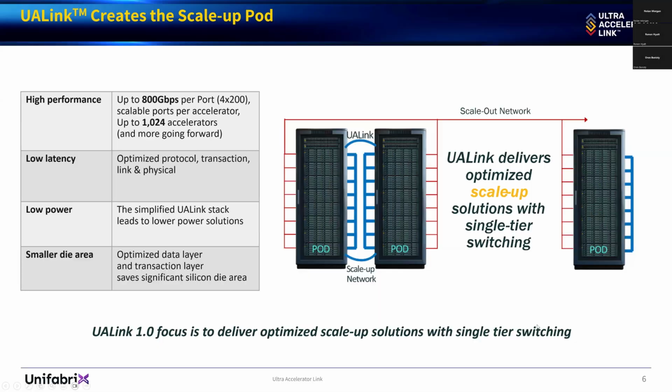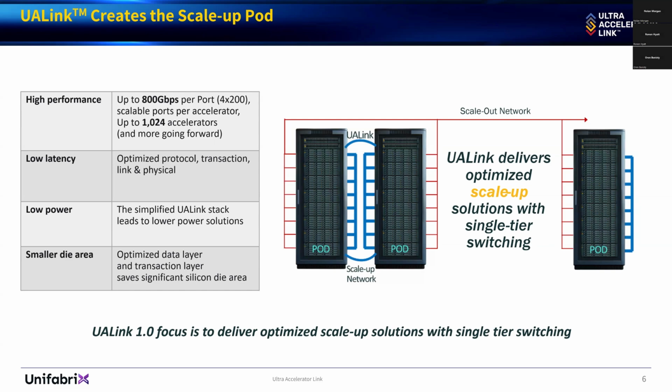Moving forward, UALink creates the scale-up pod. This is an extension of the previous slide. UALink provides high performance, up to 800 gigabits per second per port for 4 lanes of 200G, scalable ports per accelerator, up to 1K accelerators and more than 1K going forward.